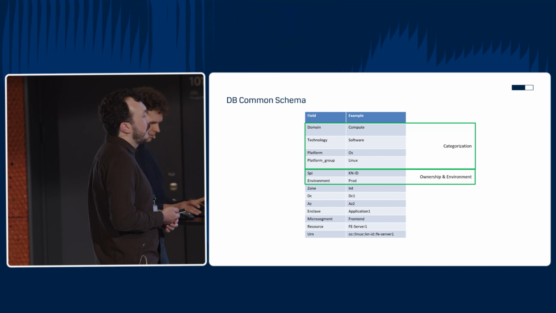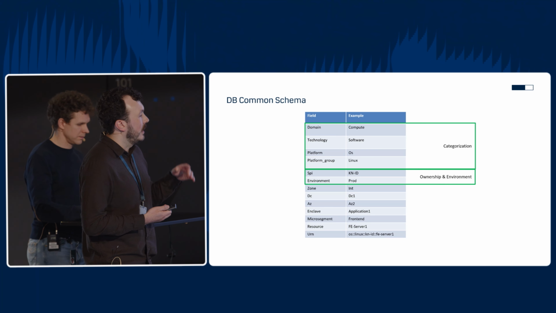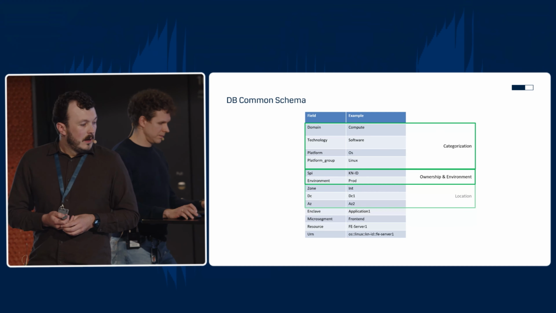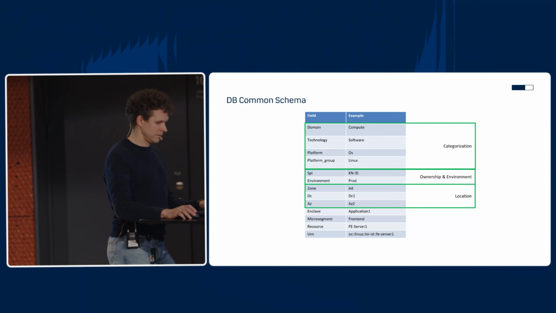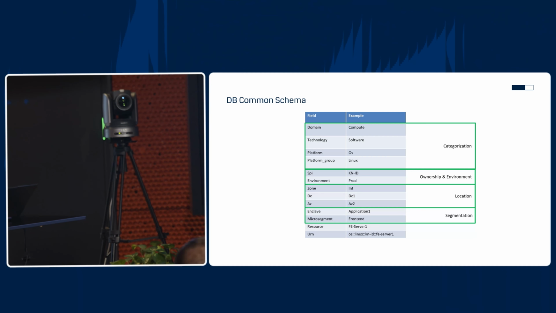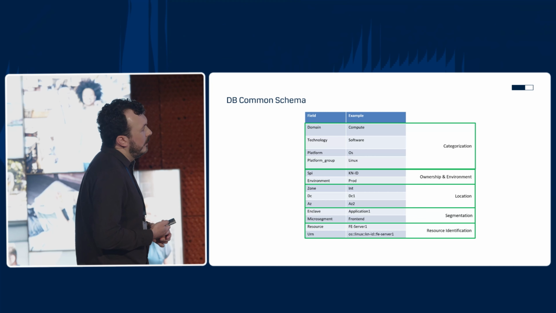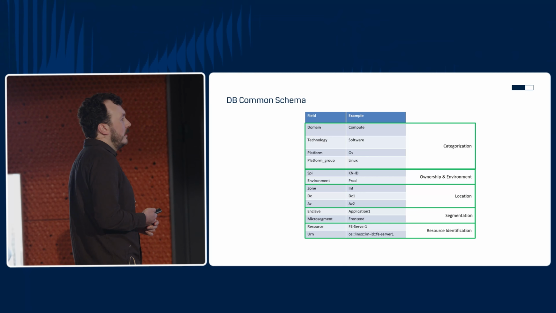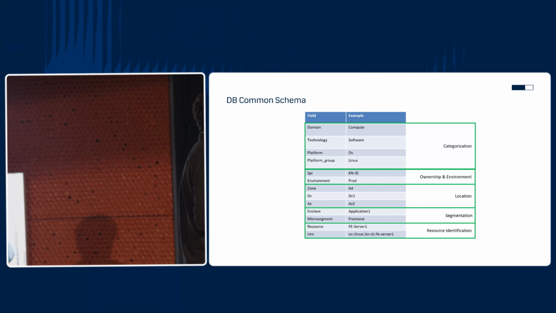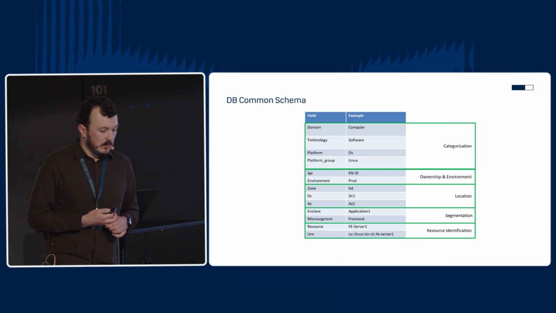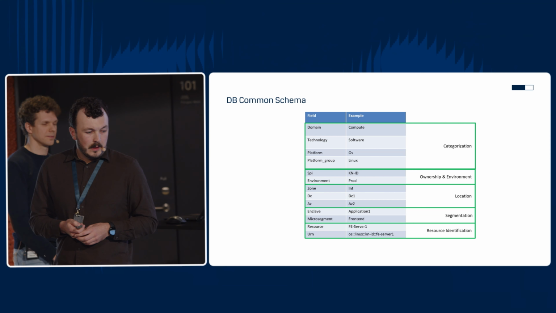We have ownership and environment information to identify unique applications, or SPIs as they are called in Danske Bank. We have location data, both physical and network. We have segmentation, and we have resource identifiers, one of them being a unique identifier of every single resource that we have, which can, on its own, provide quite a lot of value.